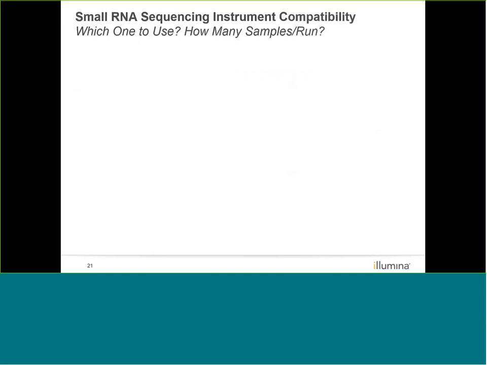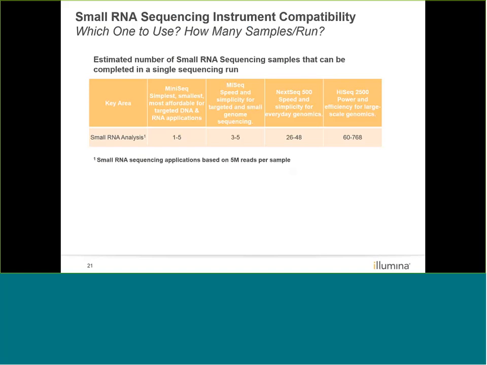The next question is, once you know how much coverage you need, there are different Illumina instruments. Which one should I use? How many samples can I sequence in a run on this particular instrument? So here's the table. The numbers here are calculated by assuming you need 5 million reads per sample, and then we take the instrument output and divide it by the million of reads.